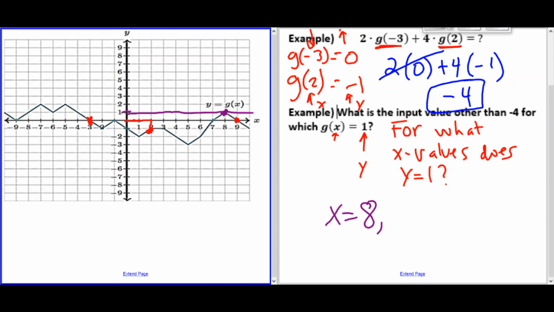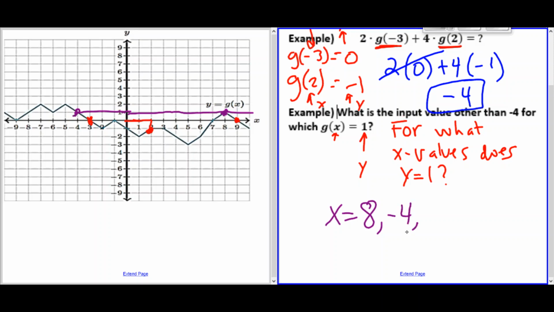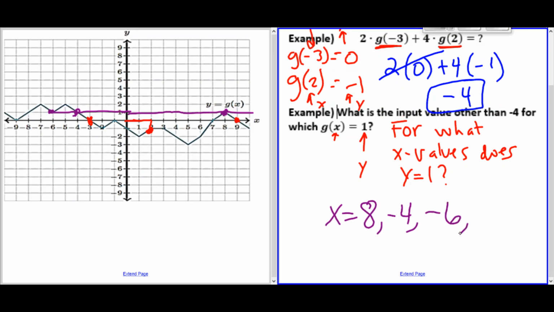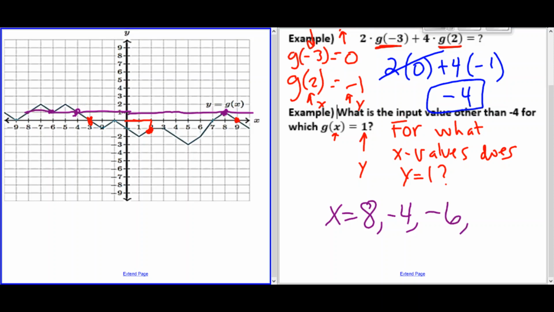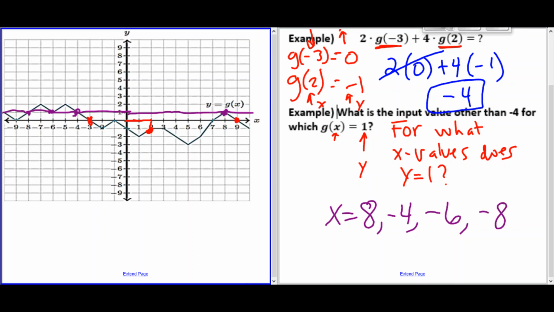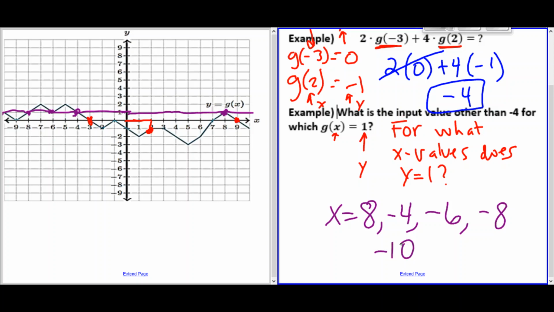And if I go to the left, I have -4. And if I keep going to the left, I hit it again at -6. And then I hit the graph again at -8. And then one more time at -10. So these are the x values where my y value is 1.